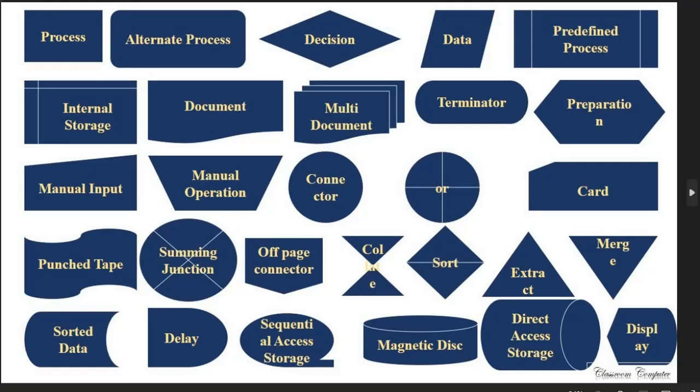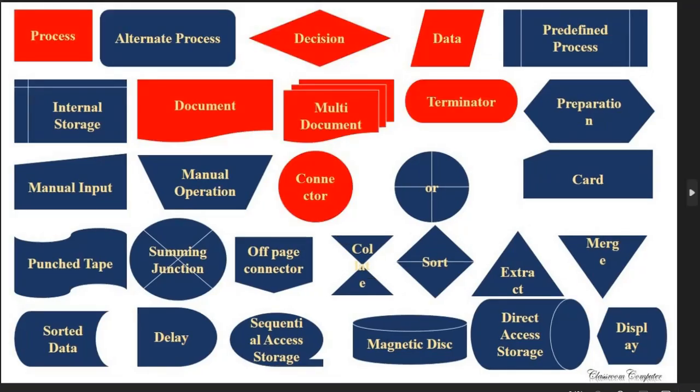This is a total list of symbols, and those highlighted in red are the only ones we are discussing today, and mainly those are necessary for flowchart in programming in a very basic way. So the highlighted symbols are process, decision, data, document, multi-document, terminator and connector.